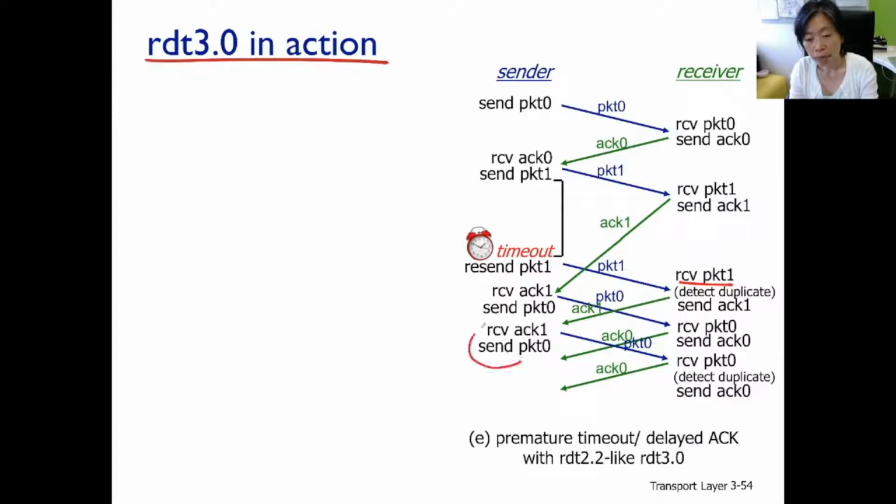But if we are not running RDT 3.0, but an RDT 3.0 with retransmission upon a corrupted ACK or a negative ACK, then we send what? Packet 0 again. Because obviously packet 0 is corrupted, therefore we get ACK 1. So retransmit packet 0, and that's going to trigger another ACK 0.